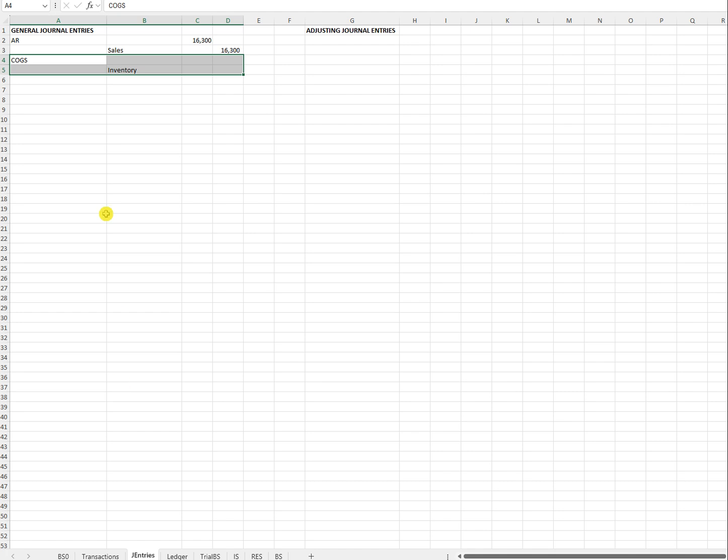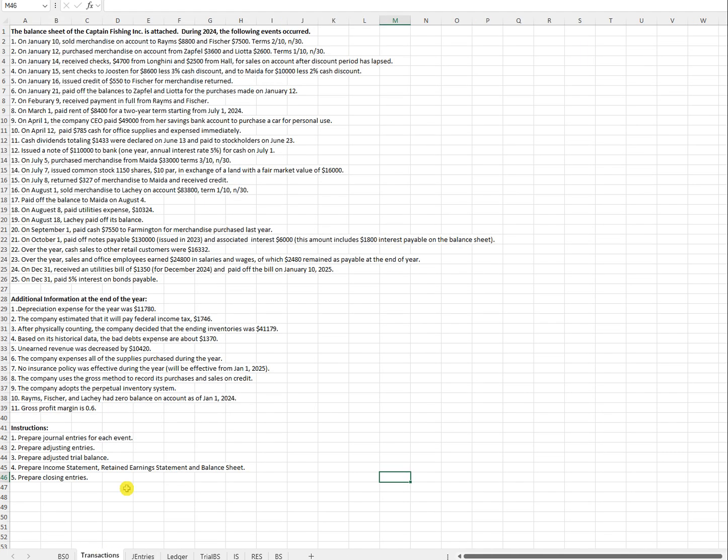So how do we find cost of goods sold? This information is very important. Number 11: the gross profit margin is 0.6. And gross profit is sales less cost of goods sold.